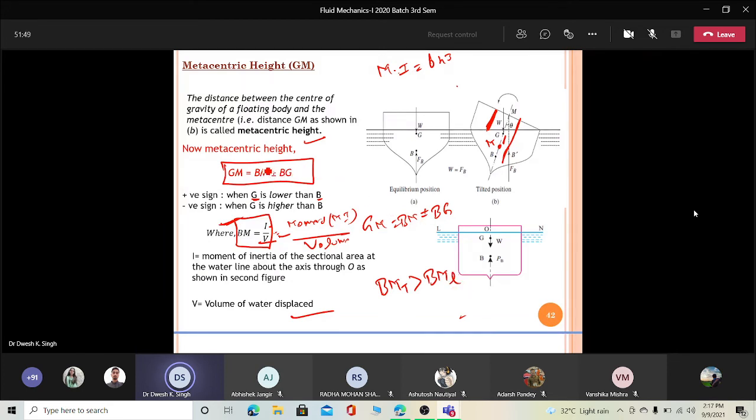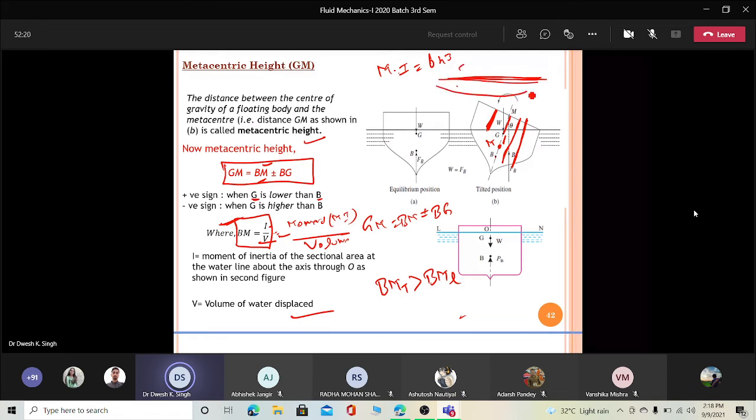And if BM is large, then the metacentric height, this G, this height will be large because this is large. So GM is large, and when GM is large, your ship will be more stable about that axis, like in pitching.